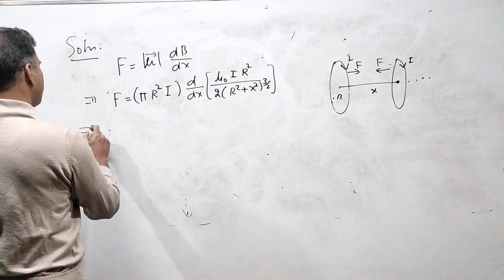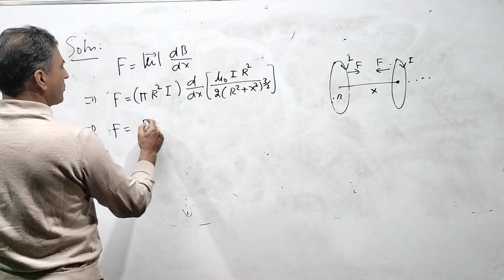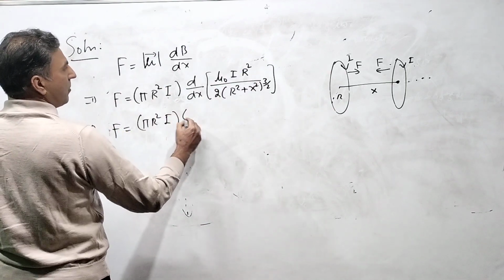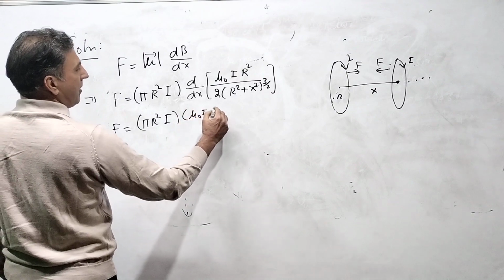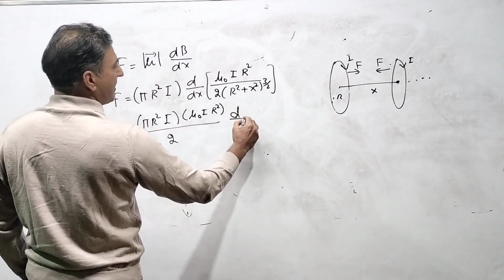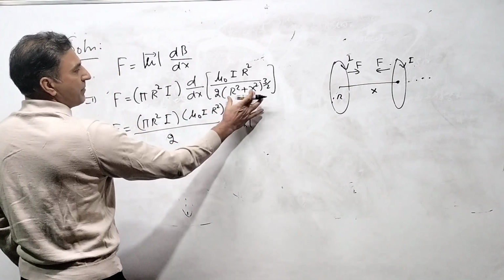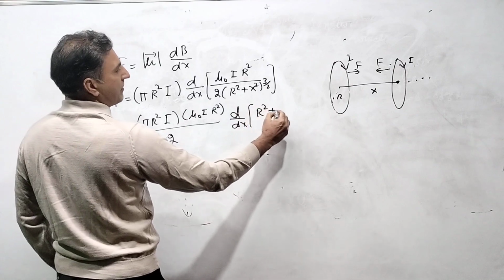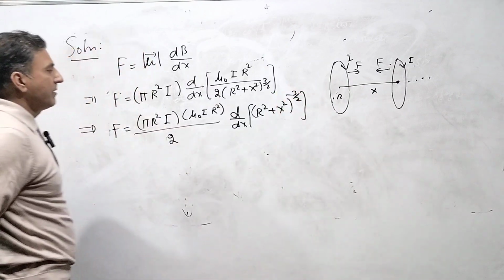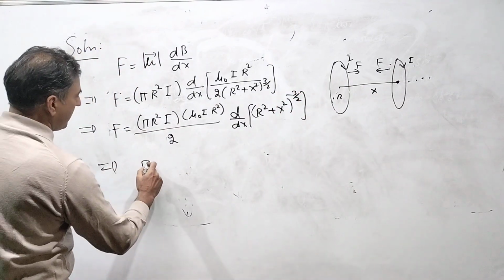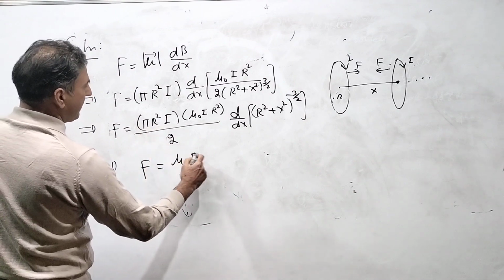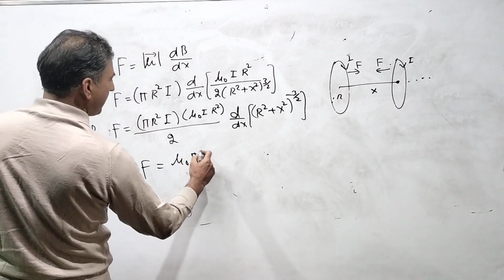Now F equal to πR² I into, सारा कांस्टेंट बाहर निकालो, μ0 I R², यहां पर भी कांस्टेंट बाहर 2 निकालो, तो डिफरेंशिएशन सिर्फ इसका करेंगे, उसको ऊपर ले जाइए.